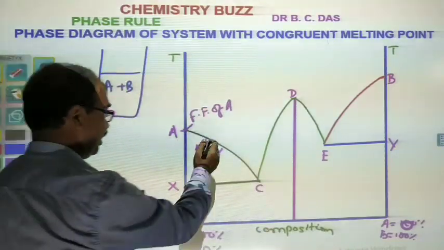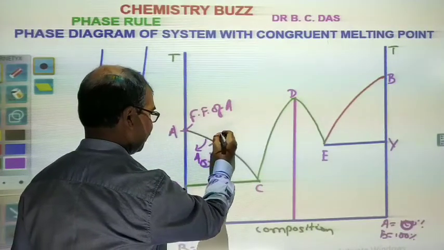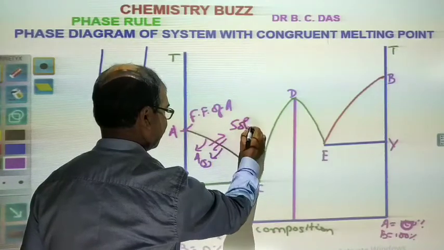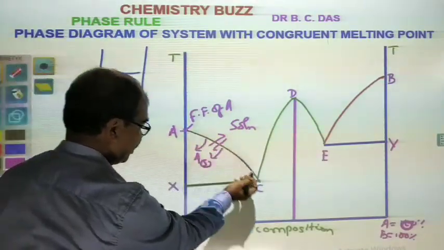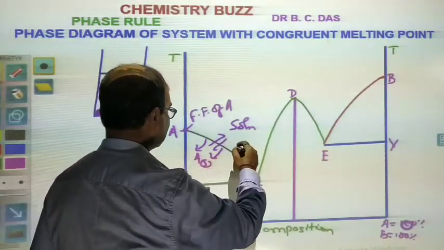Any point on this curve is in equilibrium. This represents the equilibrium between solid A and the solution. So this curve AC is the freezing point curve.